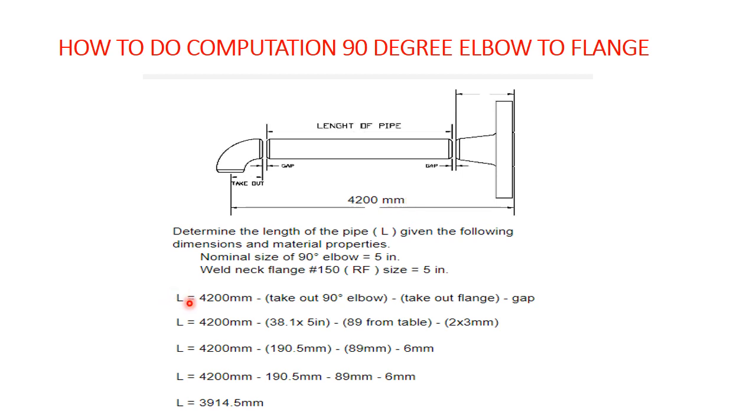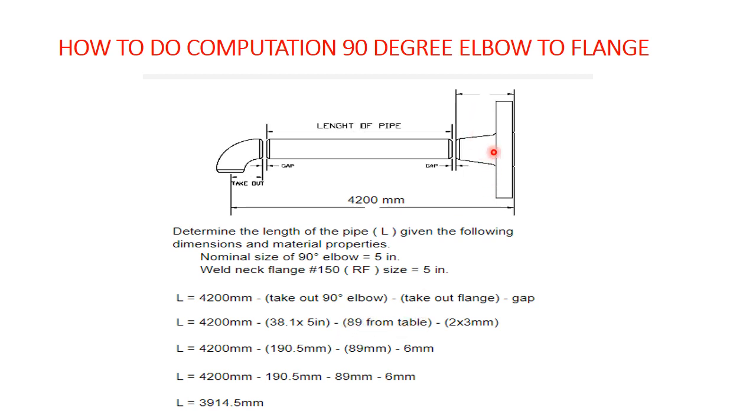Now length of the pipe equal to 4200 millimeter minus take out of elbow minus take out of flange minus gap. So length of the pipe equal to 4200 millimeter minus 38.1, this is elbow, 38.1 is constant, into 5 inch. The nominal size of the elbow is 5, that's why we multiply by 5, minus 89 from the table.